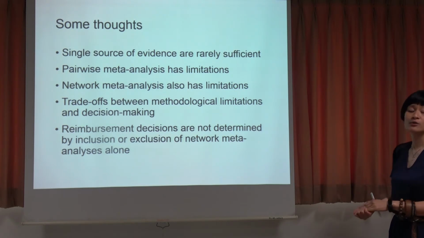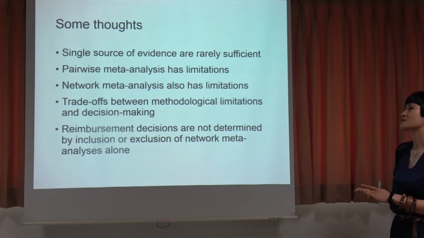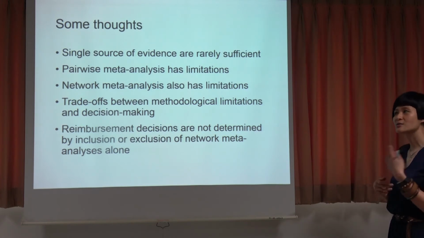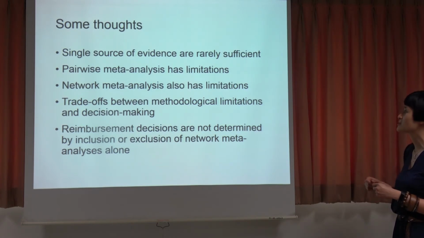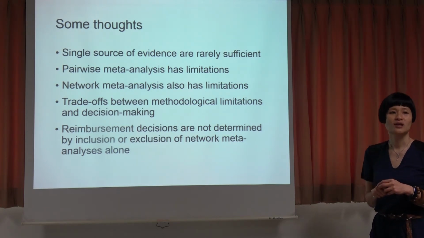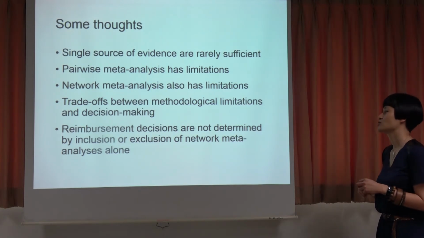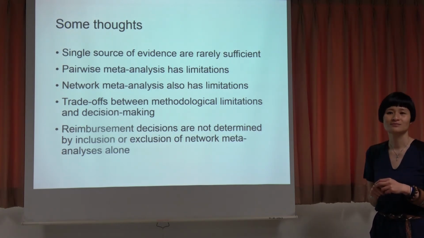It's the same for network meta-analysis. It's an extension to pairwise meta-analysis, potentially a more sophisticated, more complex analysis, and it has limitations. There's a trade-off between the methodological limitations and decision making. So do you accept the limitations that you have in your analysis, or do you reject the limitations and not make a decision?